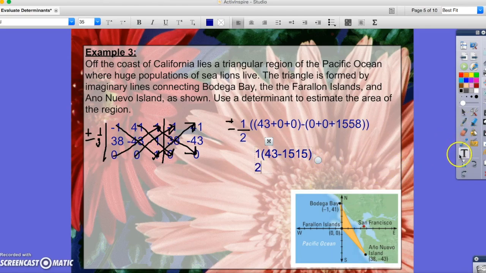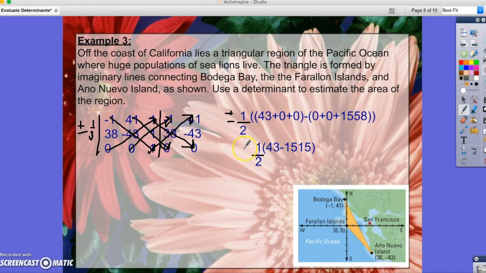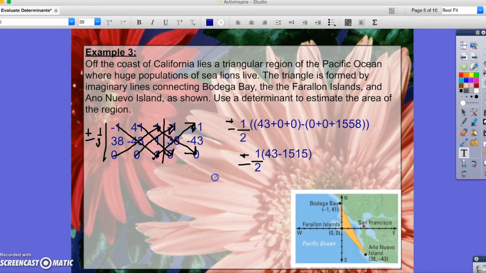And when we simplify that, plus or minus, we get 1/2 times -1515, which will just equal, area will equal 757.5 miles squared.